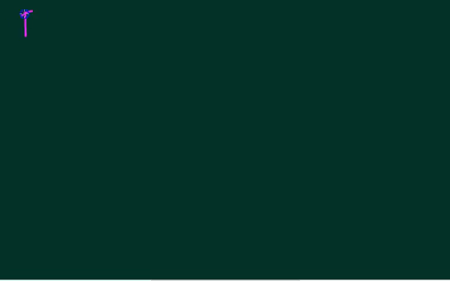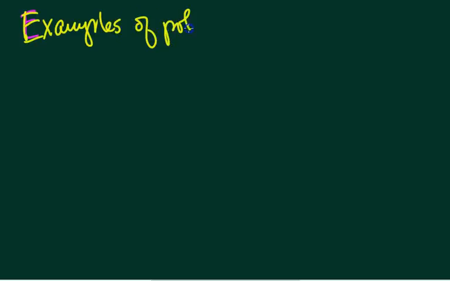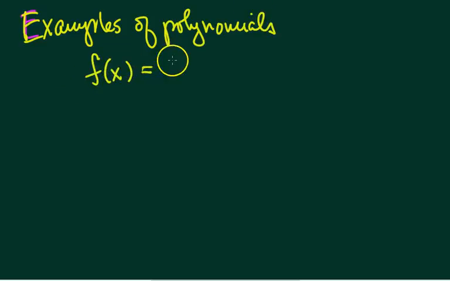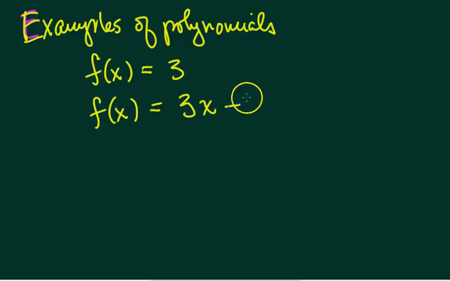Here are some examples of polynomials. They're functions, of course. This constant function is a polynomial. This linear function is a polynomial.